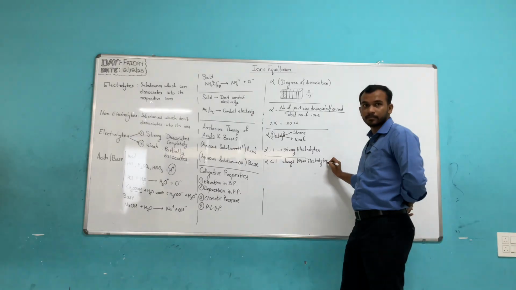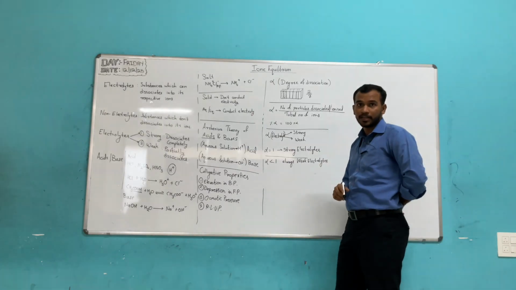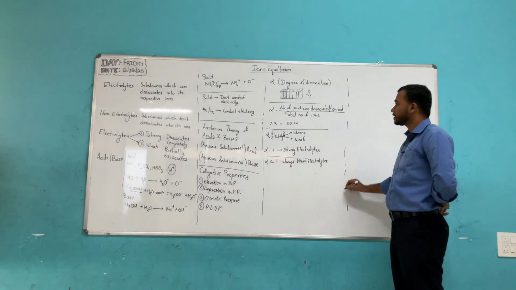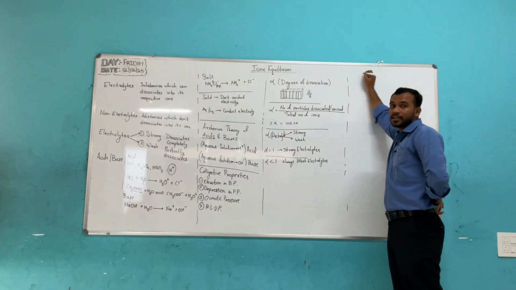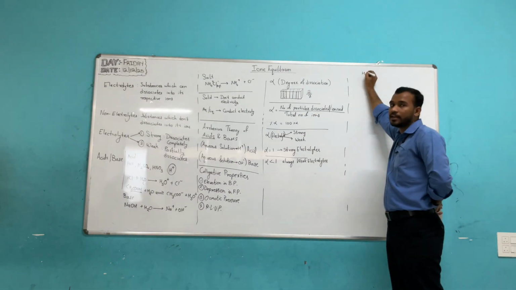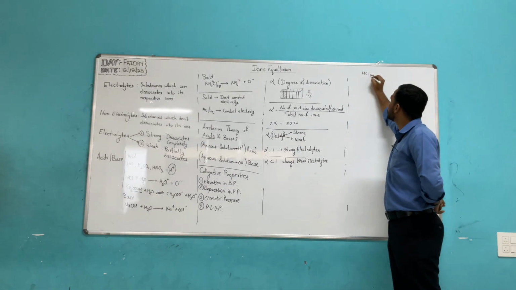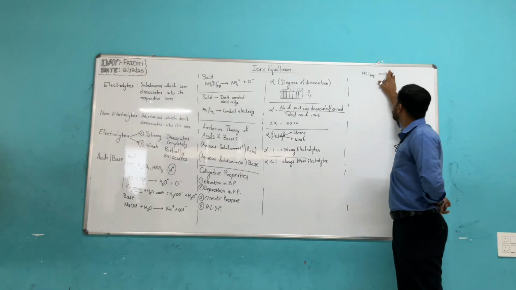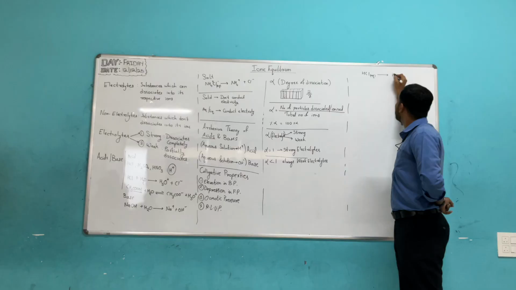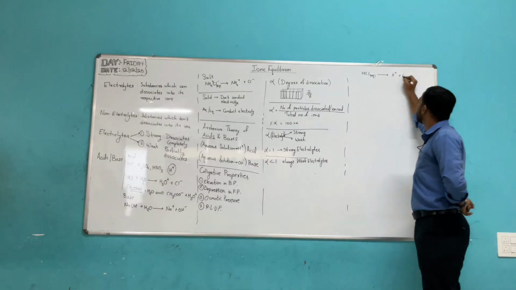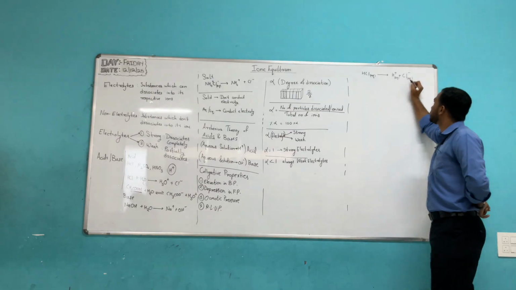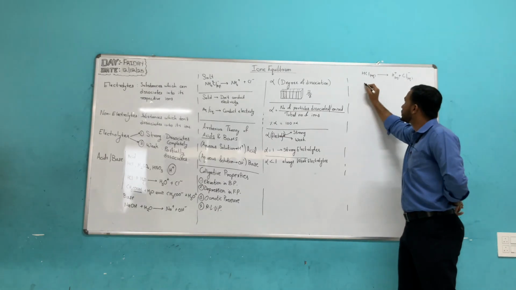Understood? Suppose we take one reaction, a strong electrolyte, HCl. HCl in aqueous condition will undergo complete dissociation, so the reversibility sign will not come. It will come as H plus and Cl minus, which are also aqueous.